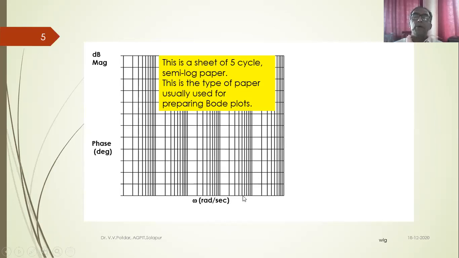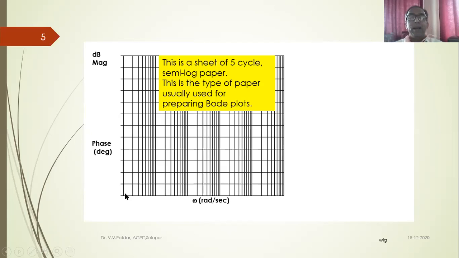From 100 to 1000: 100, 200, 300, 400, 500, 600, up to 1000. From 1000 to 10,000: 1000, 2000, 3000, 4000, up to 10,000. So on a small piece of paper, I am accommodating large values from 0.1 to 10,000.